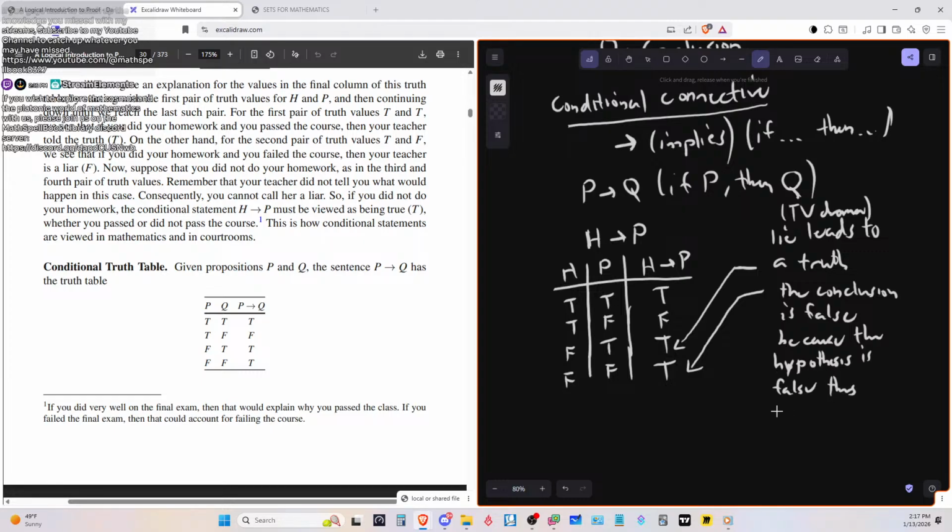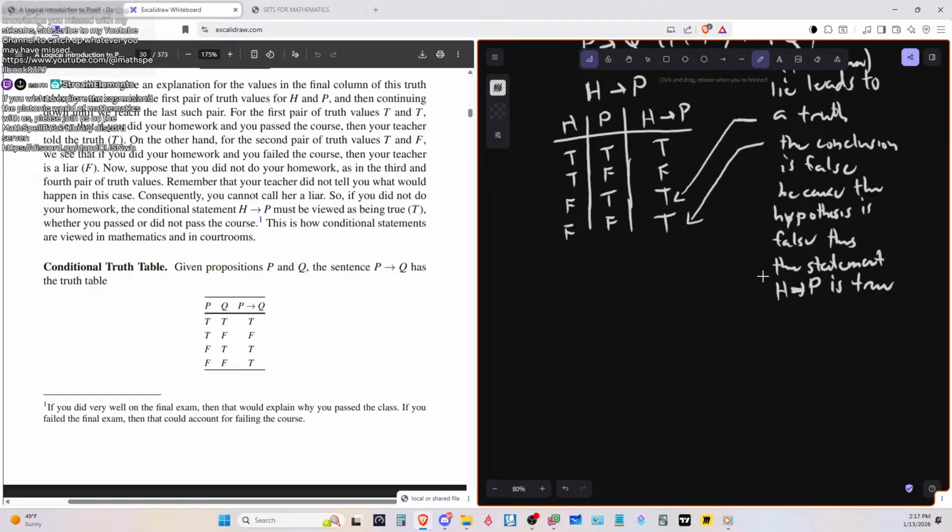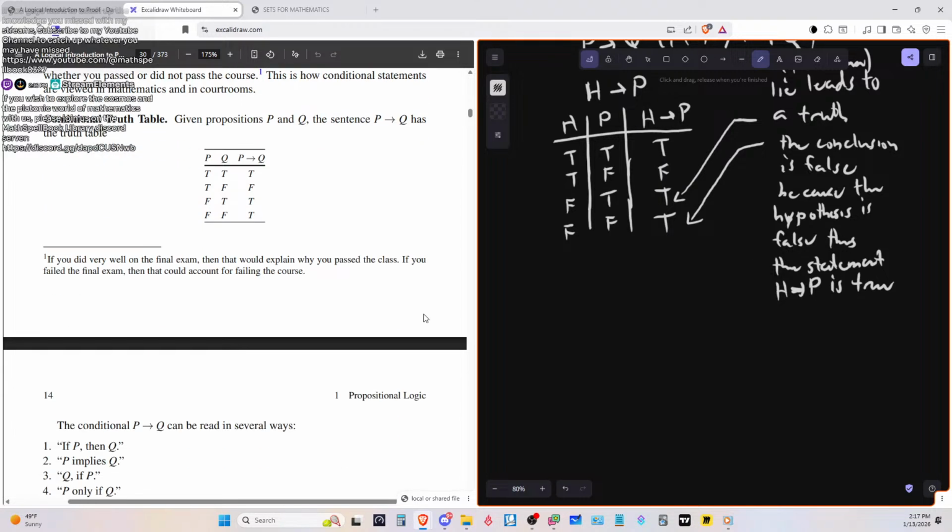Thus, the statement is true. I mean, that's the way I'm thinking of it in my head, because they're both false, but they encapsulate that it's going to be false, so that way it's true. It kind of goes into a big loop-de-loop when you think about it.